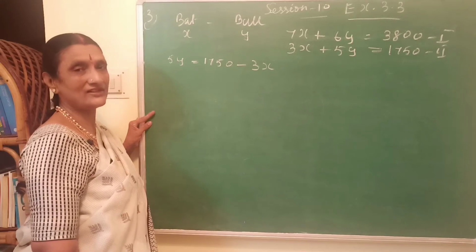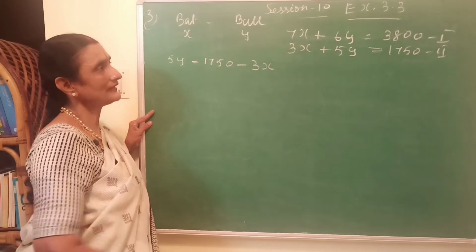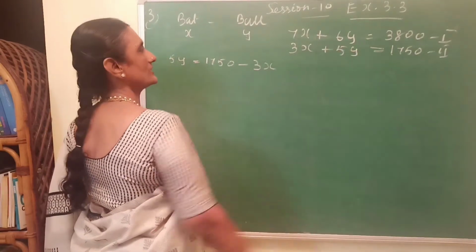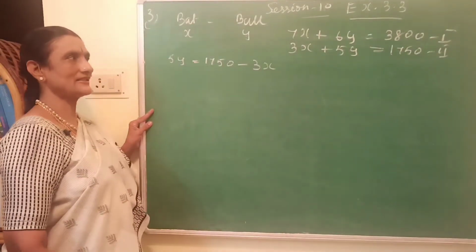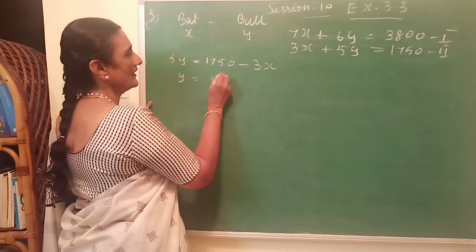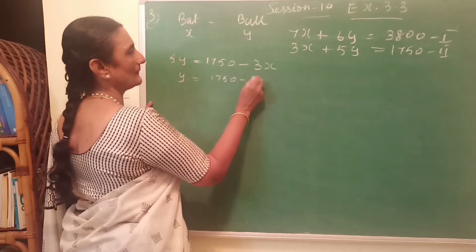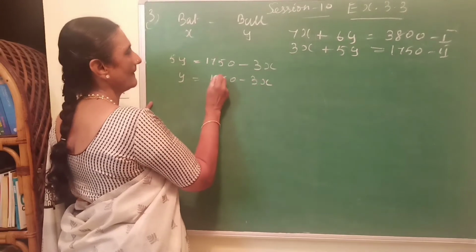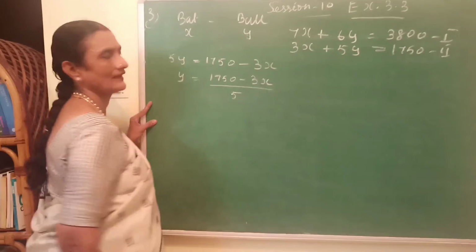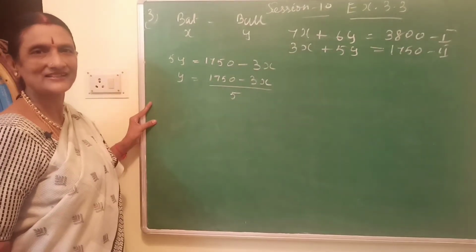But anyway, I leave it to you. This time I have chosen the y value. 5y is equal to 1750 minus 3x. Therefore, y is equal to (1750 minus 3x) by 5. Is that clear to you?